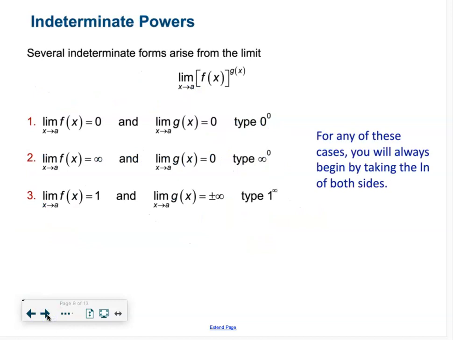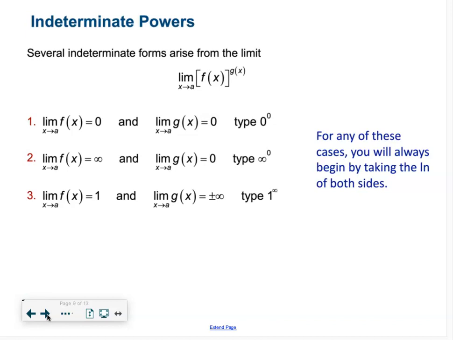Same thing holds when you have a limit of something with x's to something with x's. Whenever you see an x to the x with a limit, you're also going to take the log of both sides. So when you have a 0 to the 0, or an infinity to the 0, or a 0 to the infinity, or a 1 to the infinity, again, you're going to be taking the log of both sides.